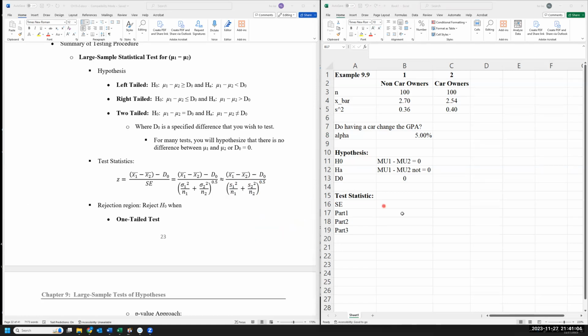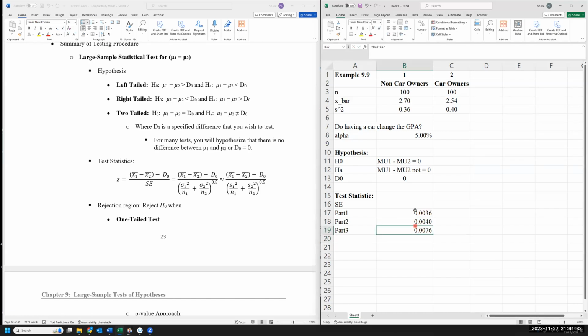Part 1 is just sample variance divided by sample size. Part 2 is sample variance for population 2 divided by sample size from population 2. Okay, here they are, and let's just standardize the number of decimal places. Part 3 is you add them together.